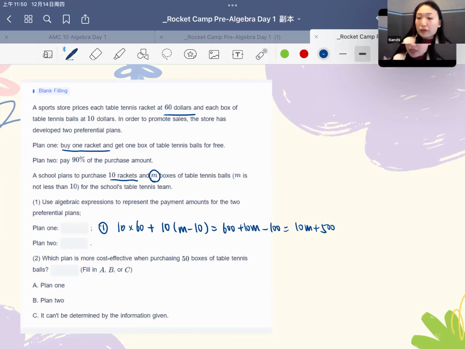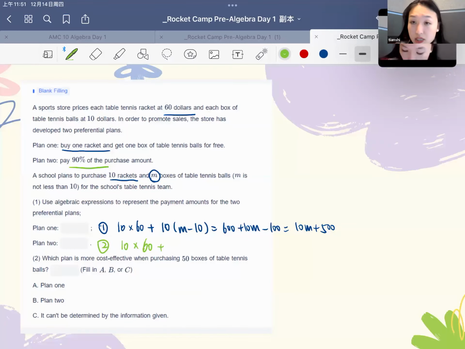And let's talk about the second plan. The second plan is much easier, right? We just need to pay 90% of the purchase amount. So we need to think about the total amount of the purchase. The racket is 10 times 60 for the price of the rackets.